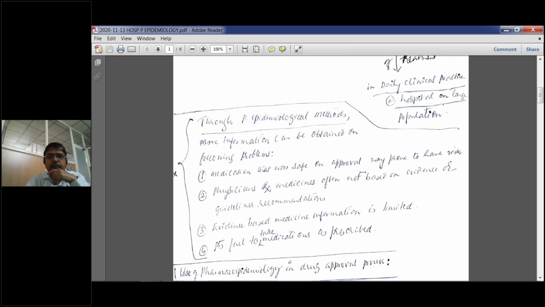See, what happens is that when the drug is approved by the Drug Controller General after submission of the documents from clinical trials, the medicine enters the market.